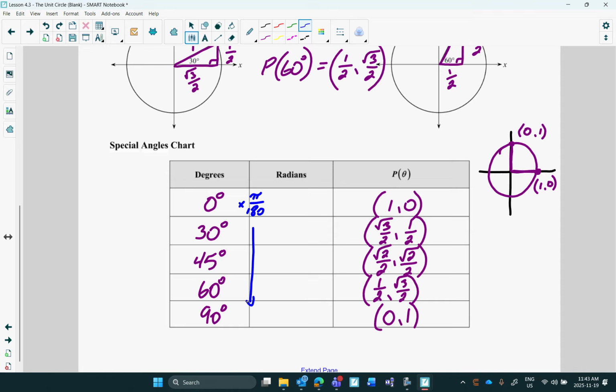Well, 0 is pretty easy. 0 times this is still 0 radians. 30 times pi over 180, if I reduce, I get pi over 6. Or sometimes you'll hear it called pi by 6. If I multiply 45 by pi over 180 and reduce it, I'm going to get pi over 4.